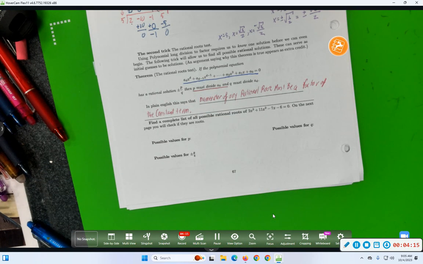All right, that's what it says. The thing on the top, that's the fraction, that's the numerator, has to divide evenly into a_0, which is the constant term of that polynomial.